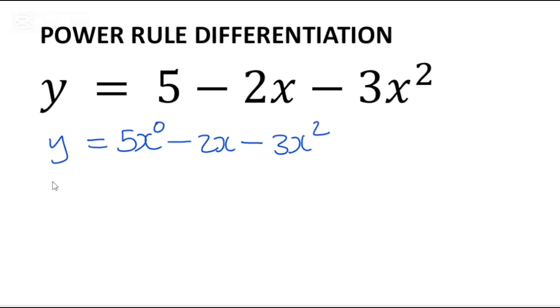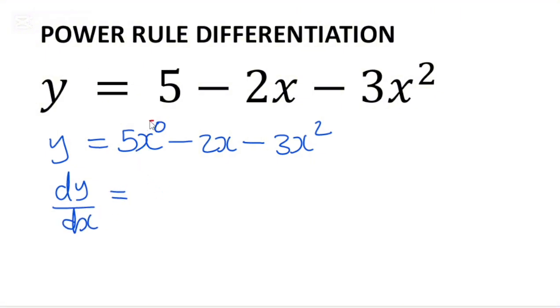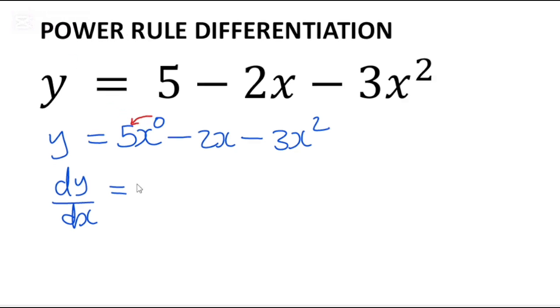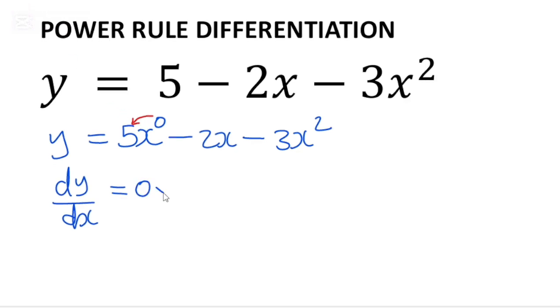Now we can say dy over dx is equal to, we multiply the power 0 by this number here, just as we have been doing previously. So we are going to have 0 times 5, then x to the power 0 minus 1.